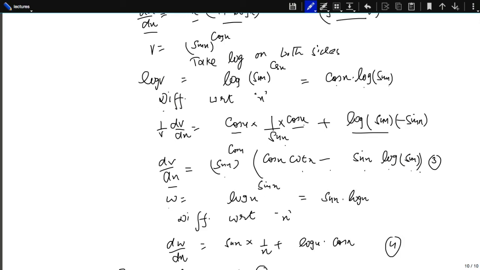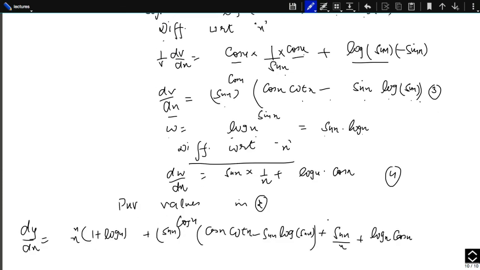Now the third function is w, log x raised to sin x. This is again log m raised to n, becomes sin x log x. We differentiate with respect to x, dw by dx, which becomes first sin x, derivative of second, that is log x, its derivative is 1 by x, plus second function log x, derivative of first function, that is sin x, its derivative is cos x.